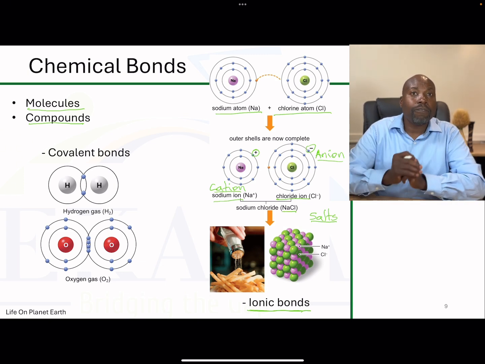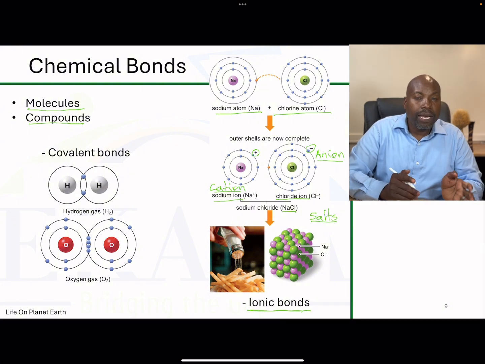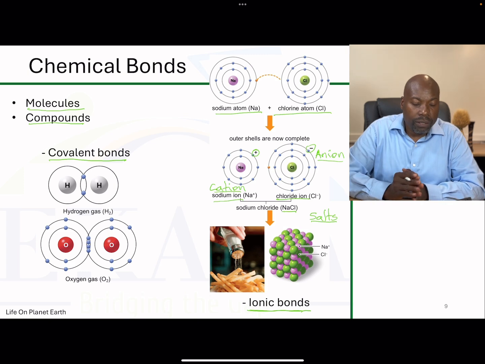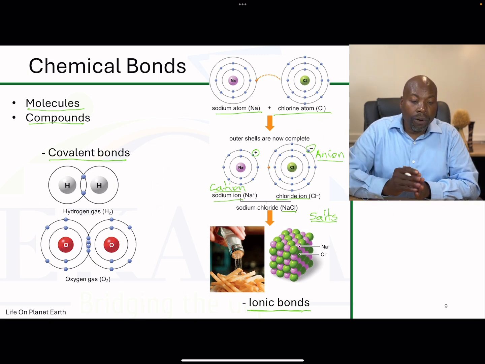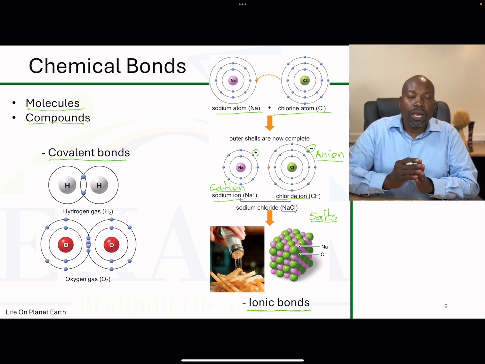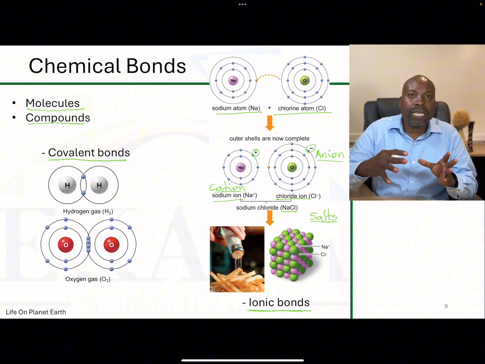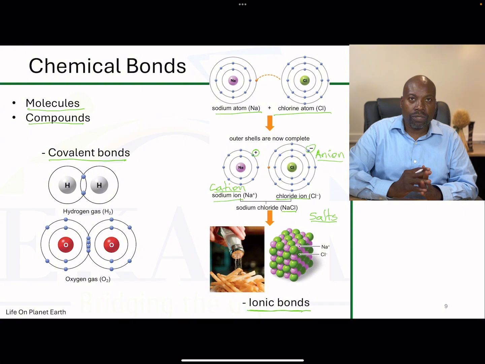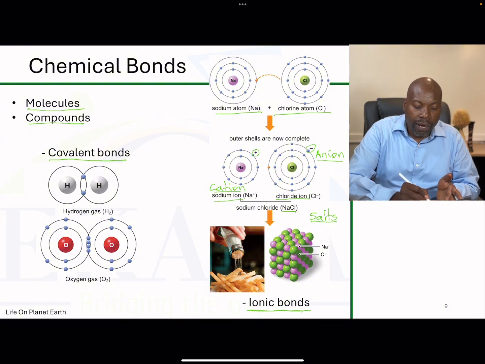The second type of bond that we're going to address is going to be the covalent bond. The covalent bond is a type of bond where atoms are going to fill their outermost electron shell by simply sharing electrons, right? So here I have a hydrogen and another hydrogen, right?